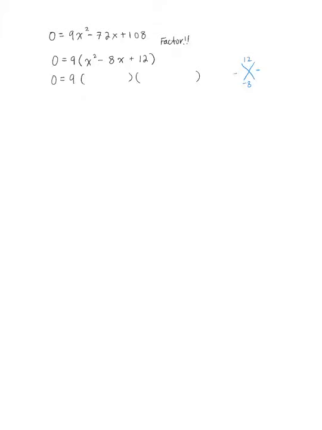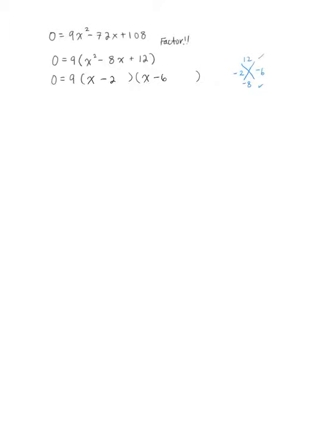Maybe negative 2 and negative 6, does that work? Is negative 2 times negative 6 equal to 12? Yes. And negative 2 plus negative 6, is it negative 8? Yes. So our factored form is x minus 2 and then x minus 6.